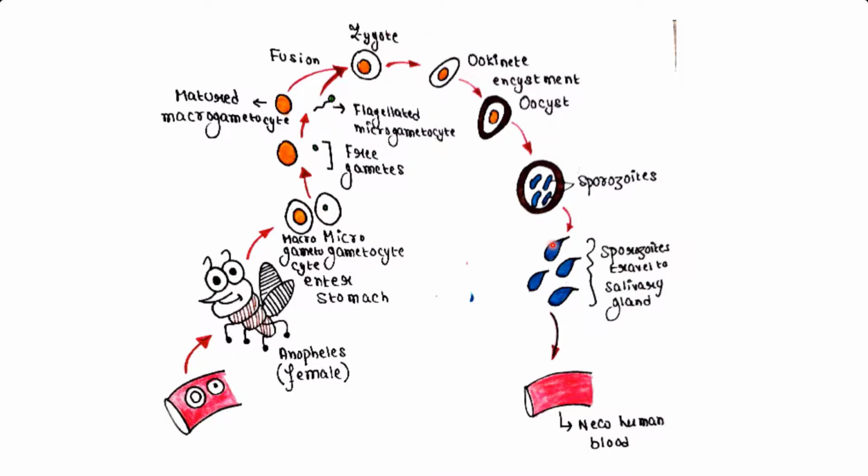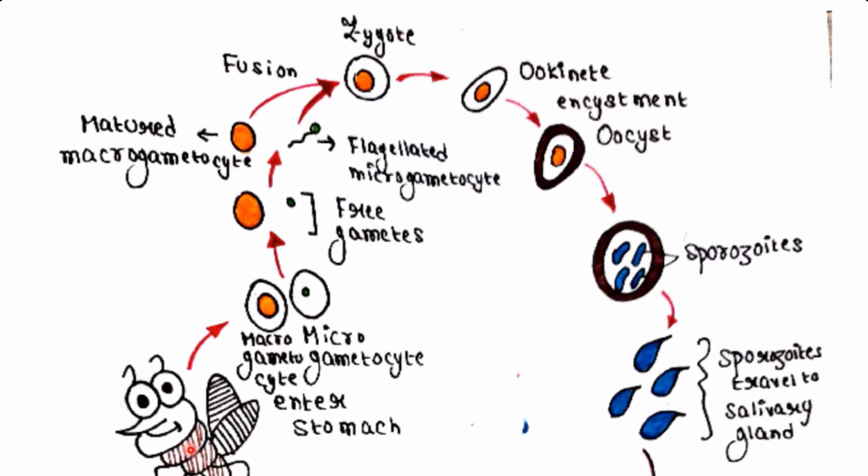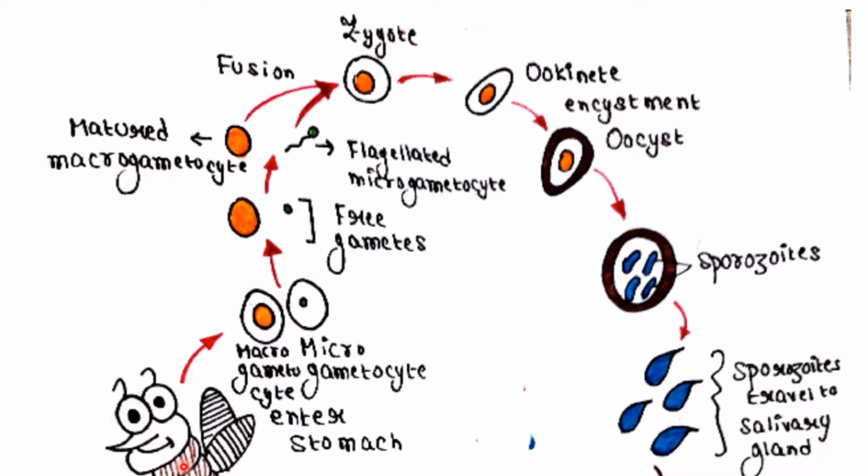Now, the sexual phase of this cycle will happen inside the body of the mosquito. If these gametocyte-containing erythrocytes in the blood are sucked up by a female Anopheles mosquito, they reach the stomach of the mosquito where gametocytes are set free.